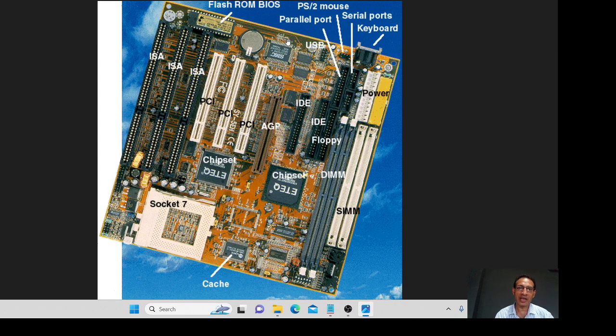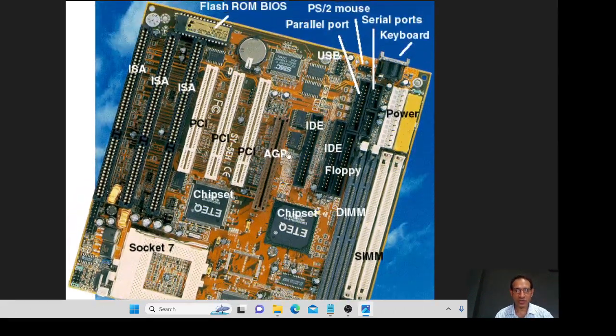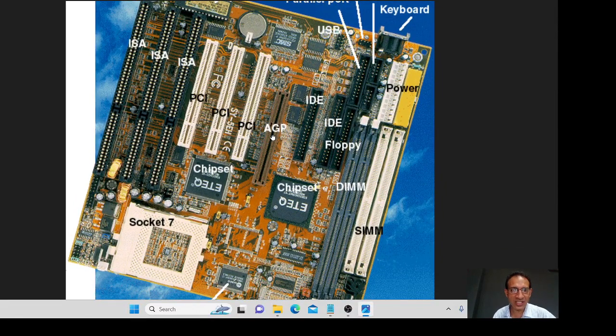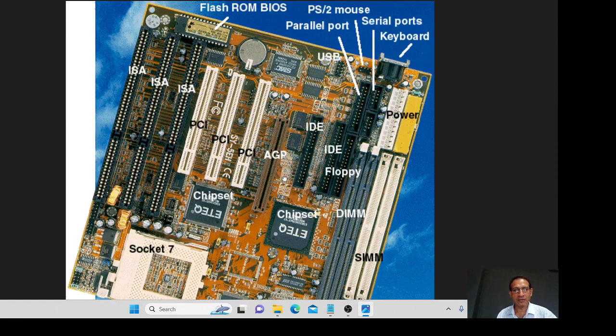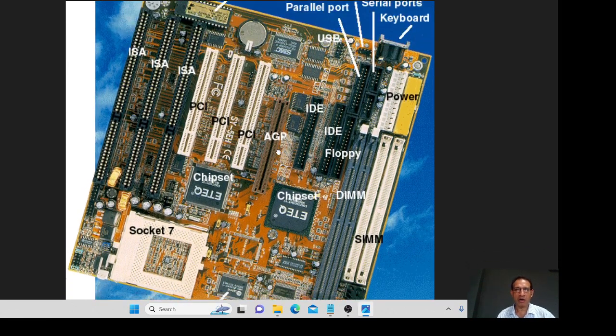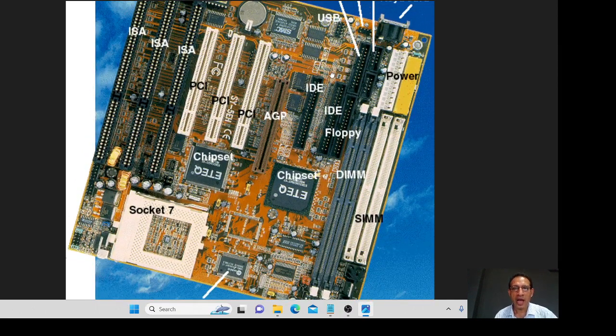There is a clock here, and this battery is here to keep the clock alive. About the CMOS, the setup and how to fix it, there is a separate presentation, so you can see it on my channel.